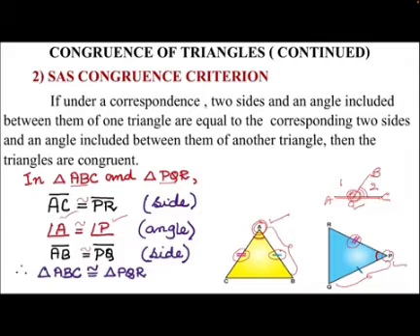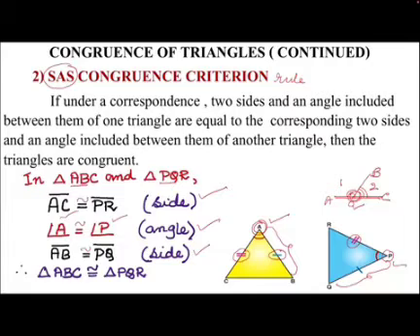So using which congruence criterion? Children, criterion also means rule. So using SAS congruence criterion. What is that SAS? Side, angle and side.